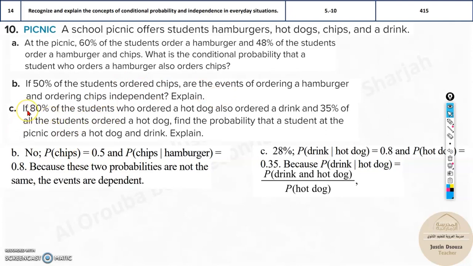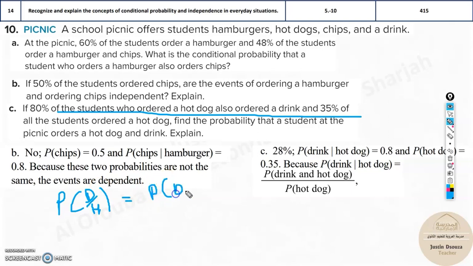And now they have told over here, if 80% of the students who ordered a hot dog also ordered a drink, can you see only the conditional probability is given, that is, whoever ordered a hot dog also ordered a drink. That means the probability of drink given the condition that they ordered a hot dog is equal to what?